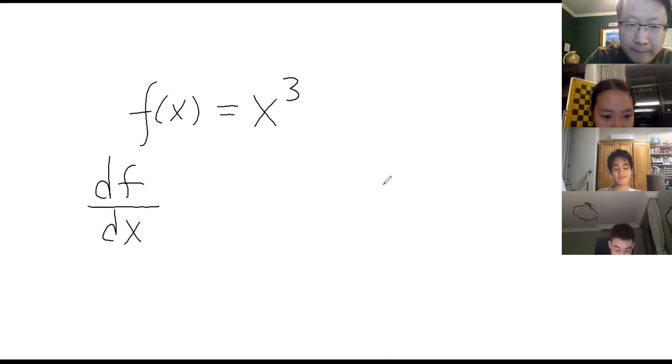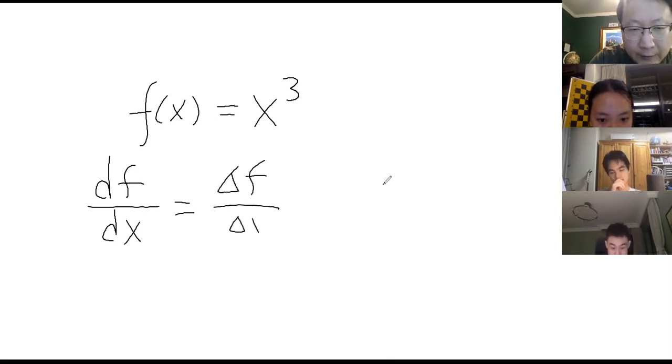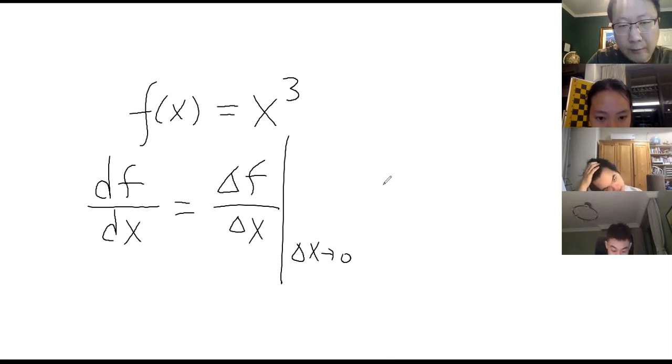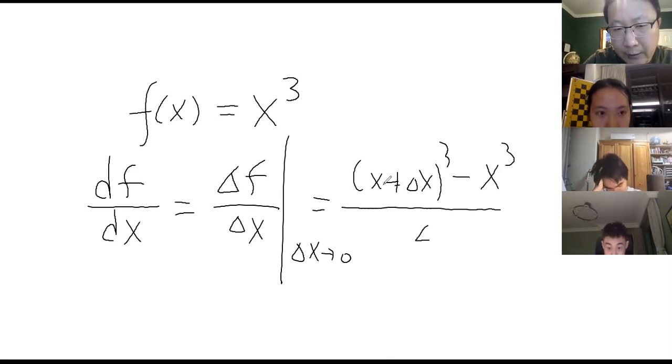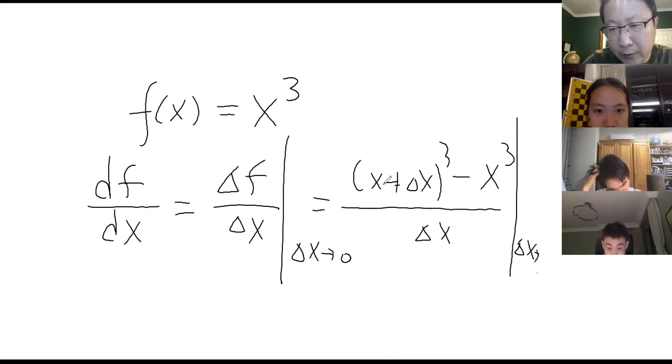Can you try? The definition, of course, is delta f over delta x when delta x approaches 0, which really means (x plus delta x) cubed minus x cubed, divided by delta x, and delta x needs to approach 0. Can you calculate this one? See what it is?